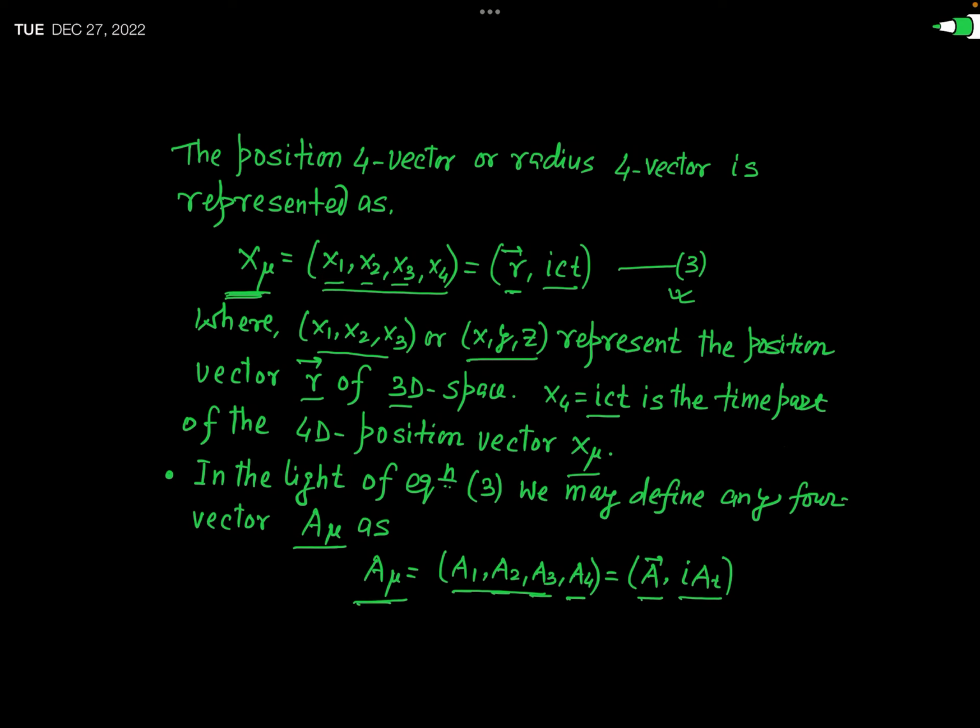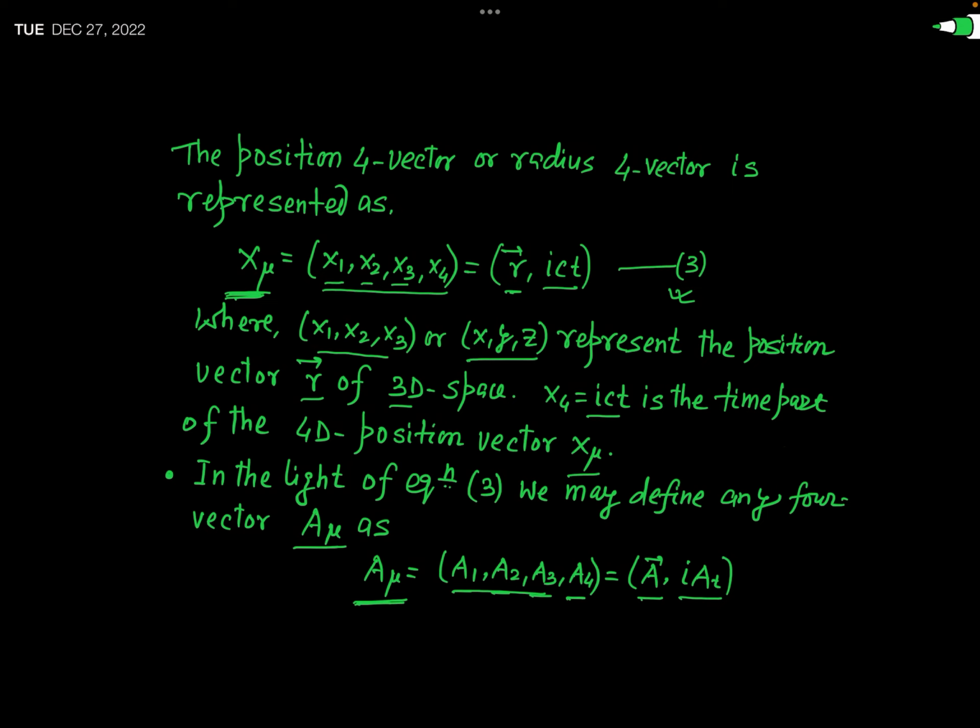Now, as the components of the position 4 vector x mu obey the transformation law called the Lorentz transformation, in a similar way the components of the 4 vector A mu will also follow the Lorentz transformation.